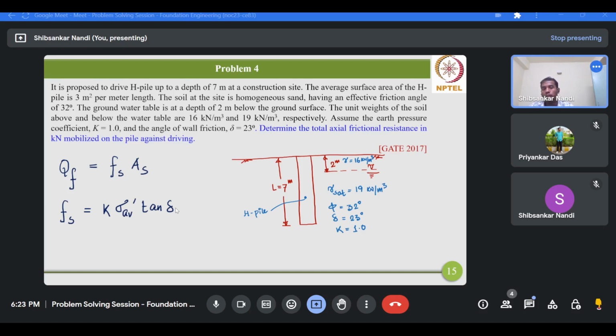Therefore the distribution of effective vertical stress will not vary linearly from the ground surface to the base of the pipe. So this calculation of effective vertical pressure along the length of the pipe is necessary, and you need to calculate this variation first.